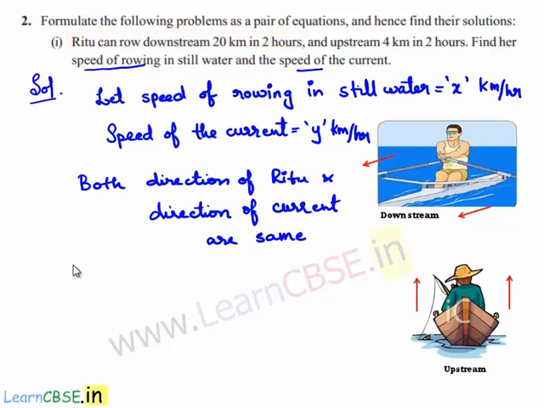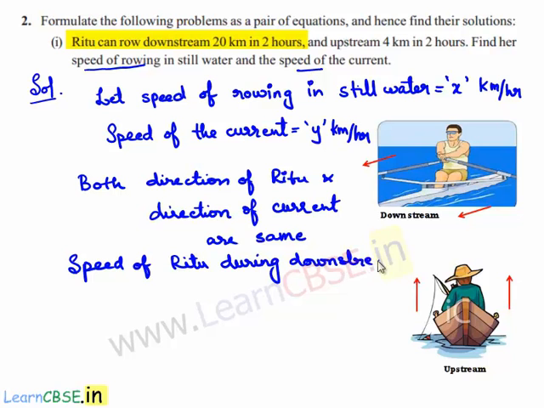So we can say that the speed of Ritu during downstream is equal to the speed of the rowing in still water plus the speed of the current, which is x plus y kilometer per hour.